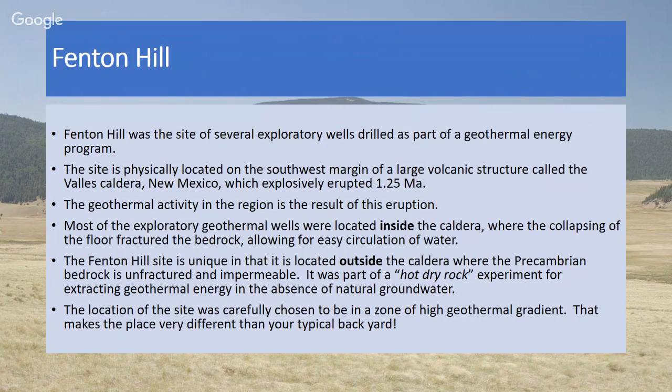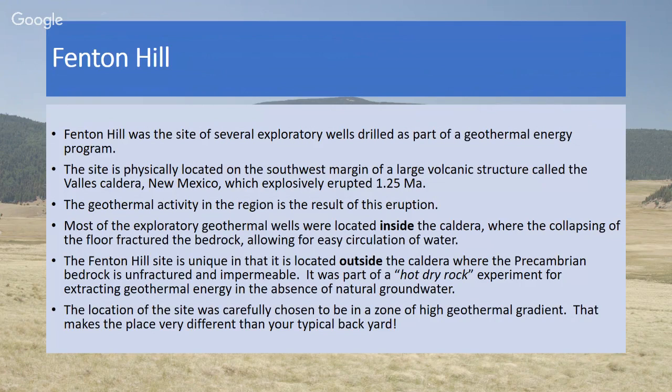And the site is physically located on the southwest margin of a large volcanic structure called the Valles Caldera, and it erupted explosively about 1.25 million years ago. And if you're not familiar with caldera type eruptions, think of Crater Lake. If you've ever seen Crater Lake in Oregon, think of a volcanic eruption like that, but maybe 3 to 5 times bigger.